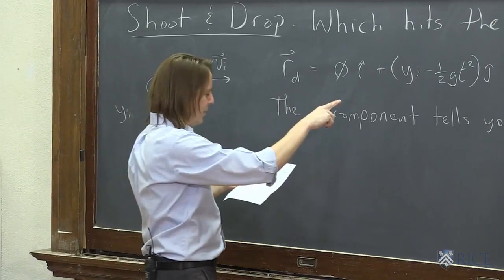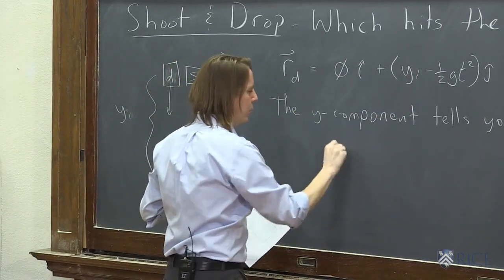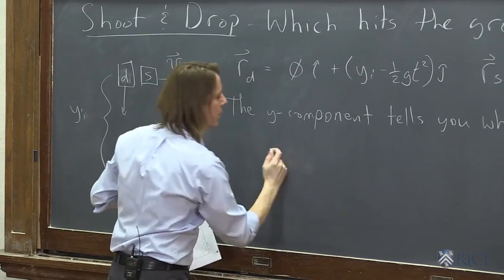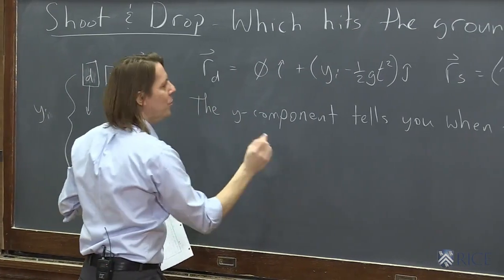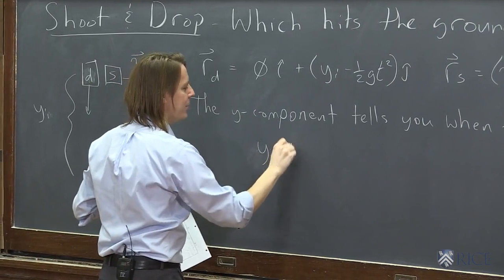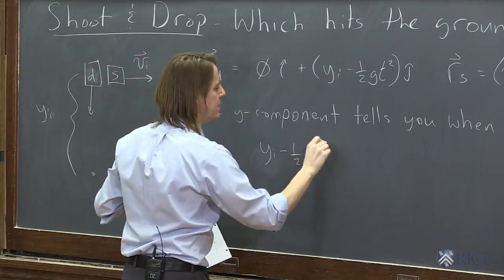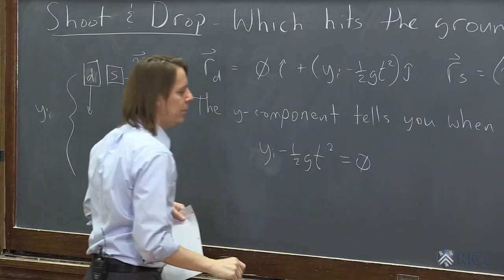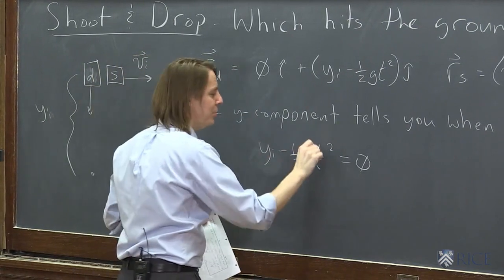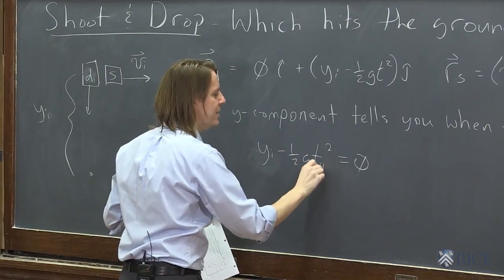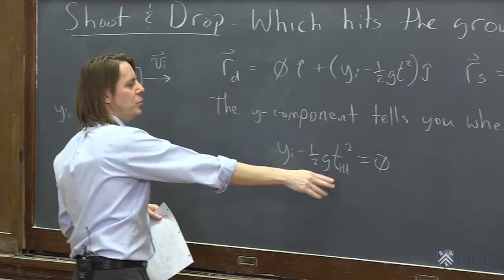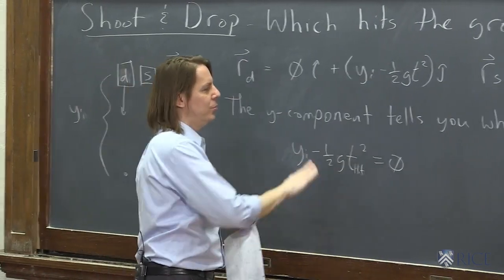So for drop then, you'd say when this equals 0, y initial minus 1/2 gt squared equals 0. And now it's a special time, so I'm going to put a little hit down here. I usually do a star, but there's a 2 in the way, so I'll just put hit.